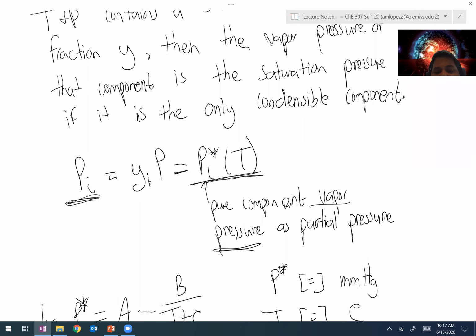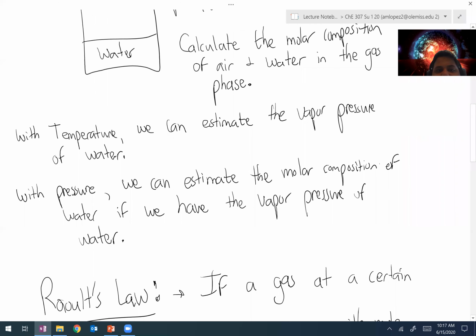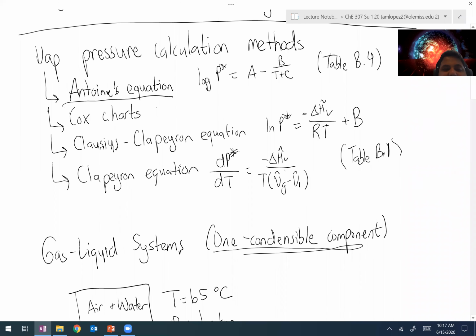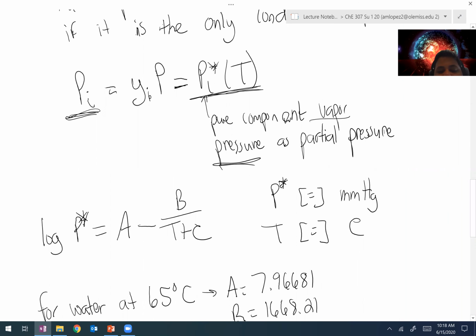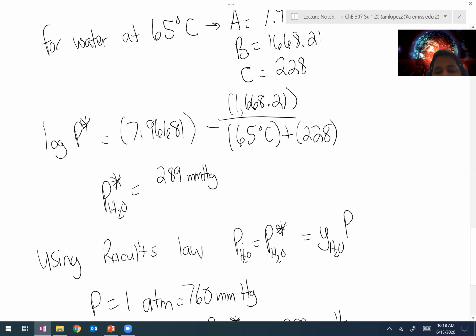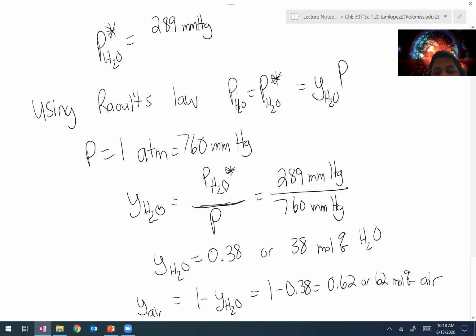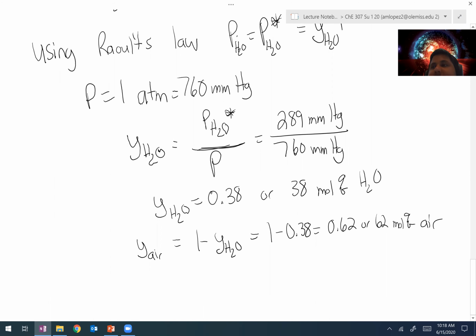And with that in mind, we can calculate the vapor pressure using one of the methods that we talked about earlier. In this case, we were looking at Antoine's equation because the constants are readily available. And with those Antoine's constants, we can calculate the vapor pressure of the water. And with that, we can estimate the mole fraction of the water in the mixture. And then from that, we can find the mole fraction of air in the air-water mixture.